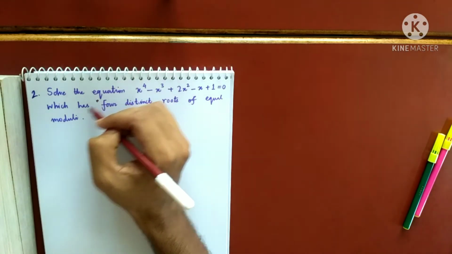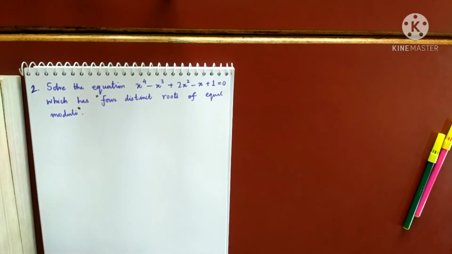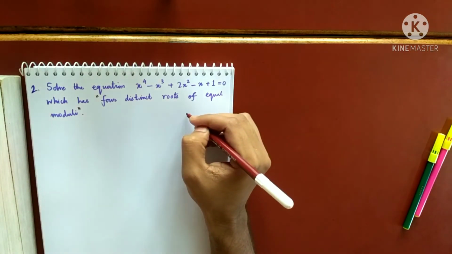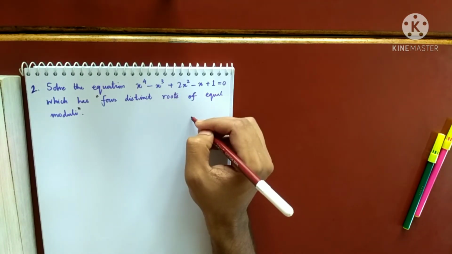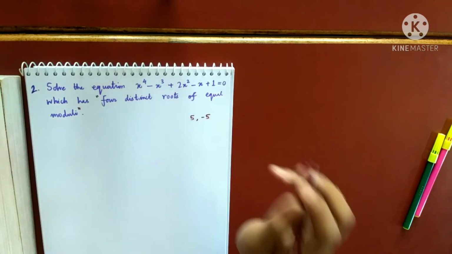So look at this phrase, 4 distinct roots of equal moduli. So 4 roots cannot be all real, right? Why? Because suppose it has root 5, another root can be minus 5, right?